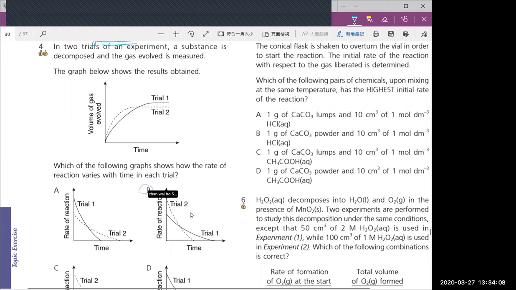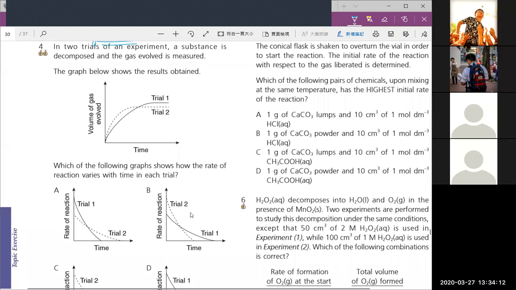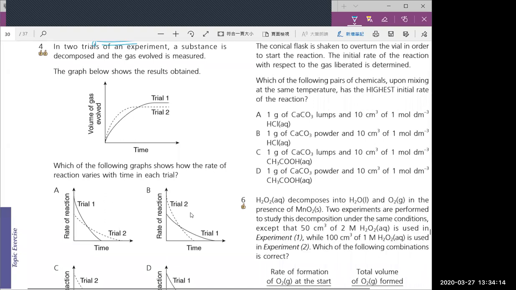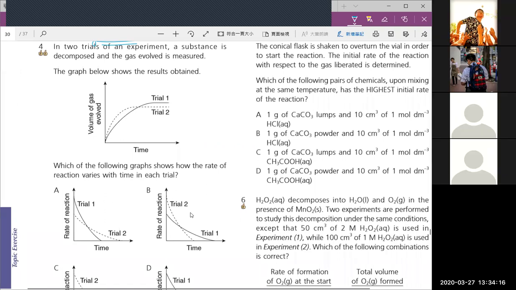So we have got a very strange curve like this. Now, do not get caught. It's rather confusing, right? Because we have got 2 areas to consider.